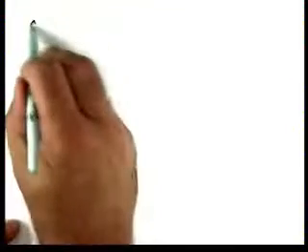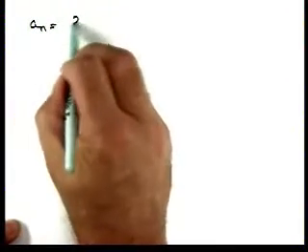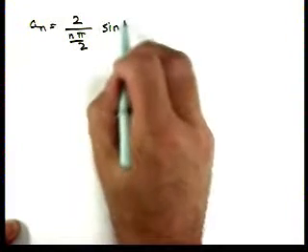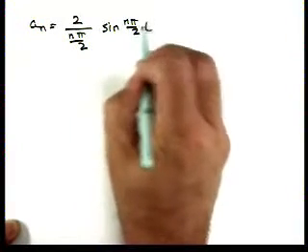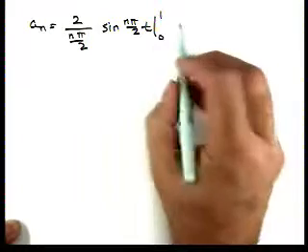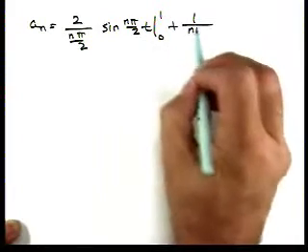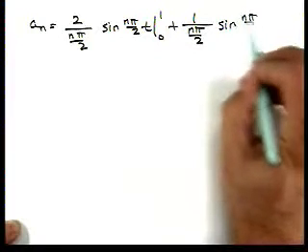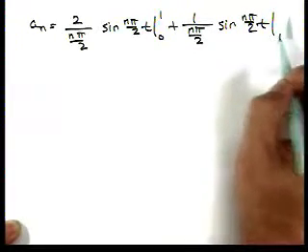Okay, so then a sub n is 2 divided by n pi over 2 times sine n pi over 2 t, evaluated from 0 to 1, plus 1 over n pi over 2 times sine n pi over 2 t, evaluated from 1 to 2.